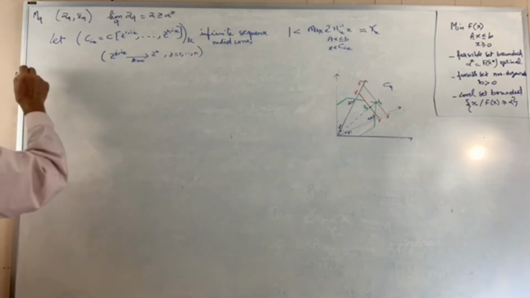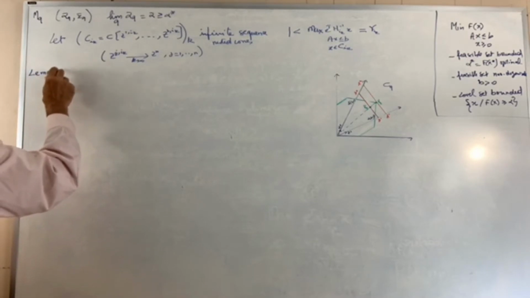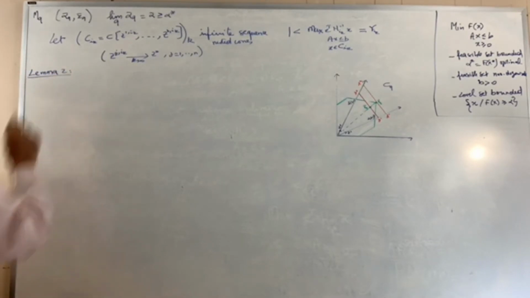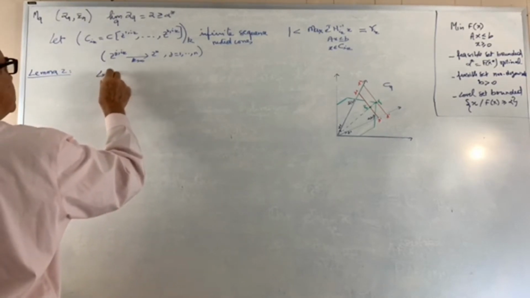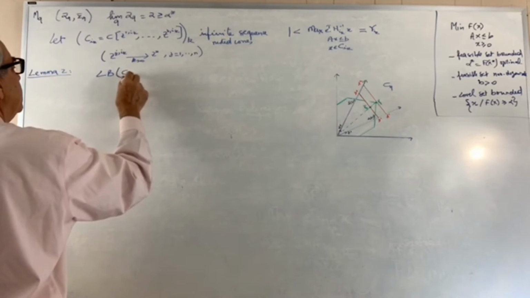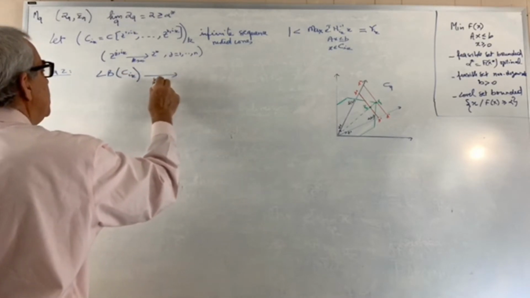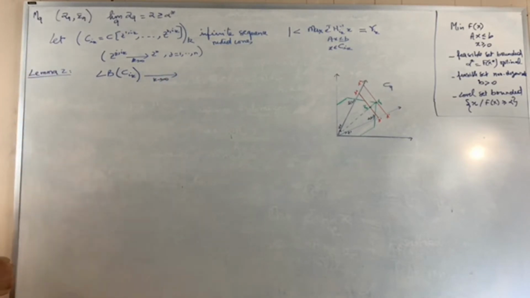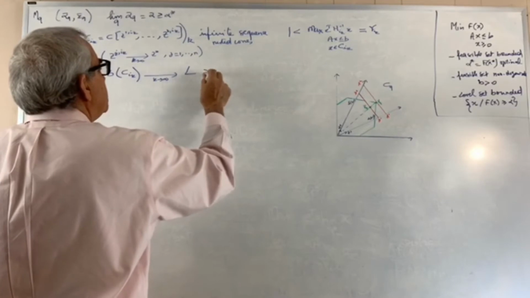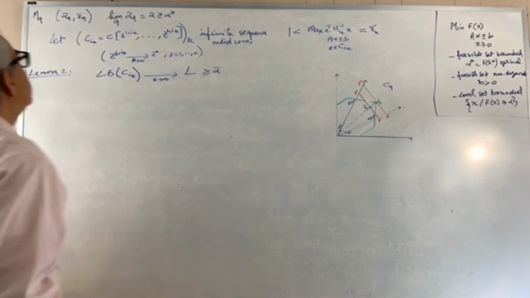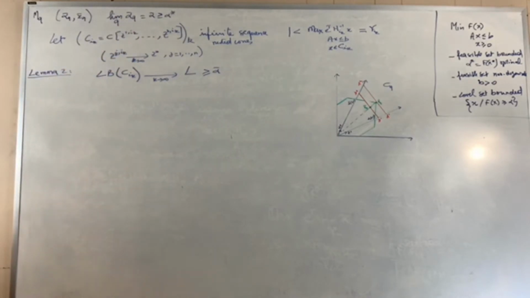Now we want to prove another lemma, lemma 2, that the lower bound of C_{I_k} converges as k goes to infinity to some number, let's call it L, which is greater or equal to alpha bar, the limit of the alpha bar_q.